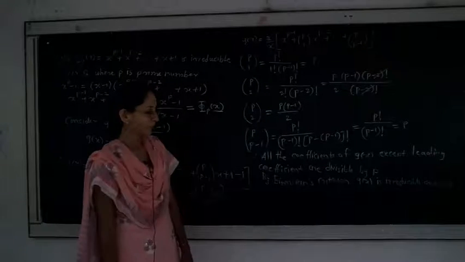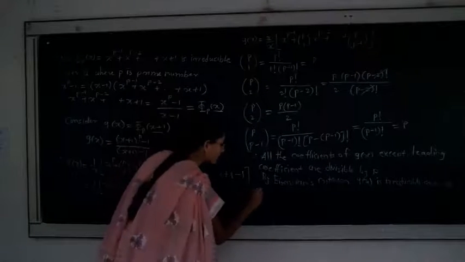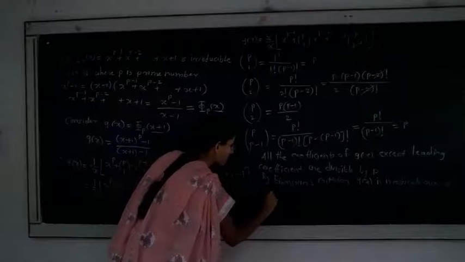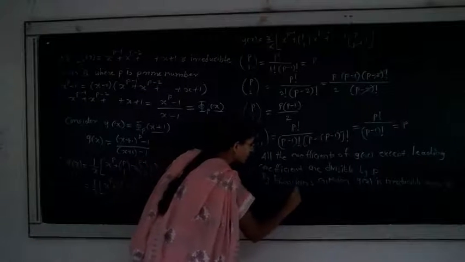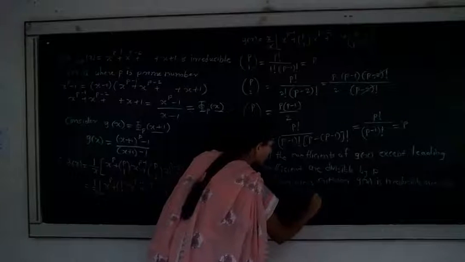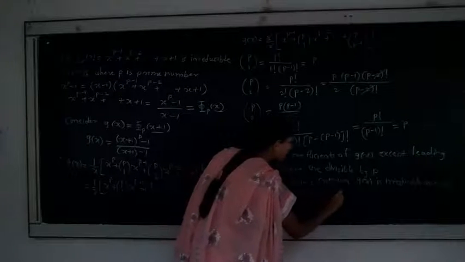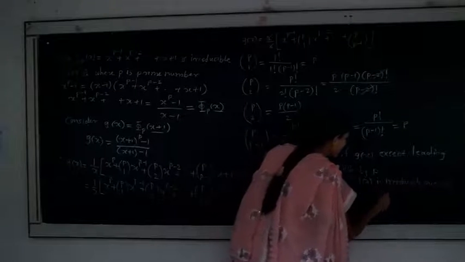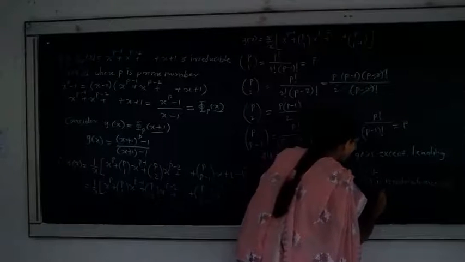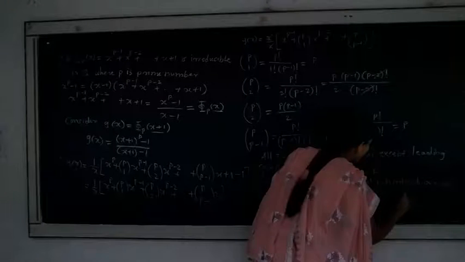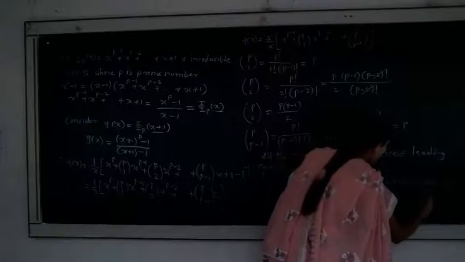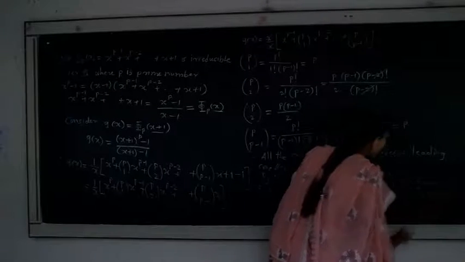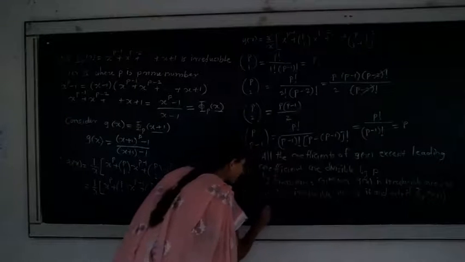We have the result: phi p of x is irreducible over Q if and only if phi p of x plus 1 is irreducible.